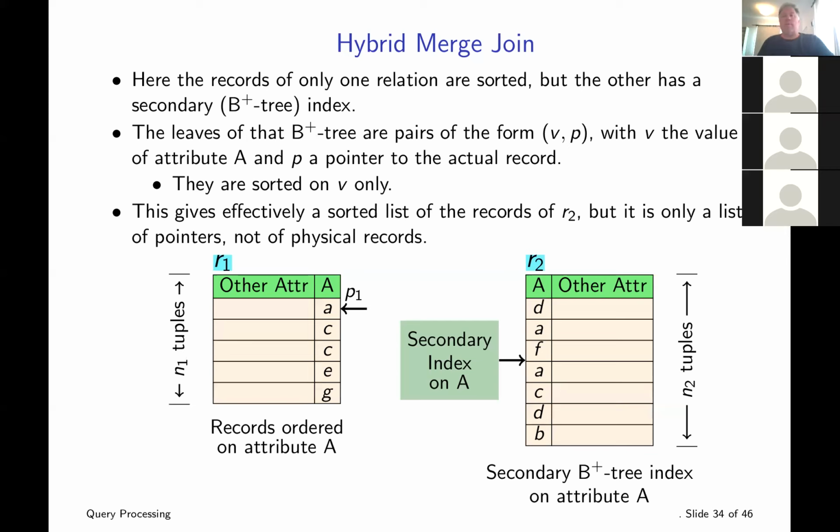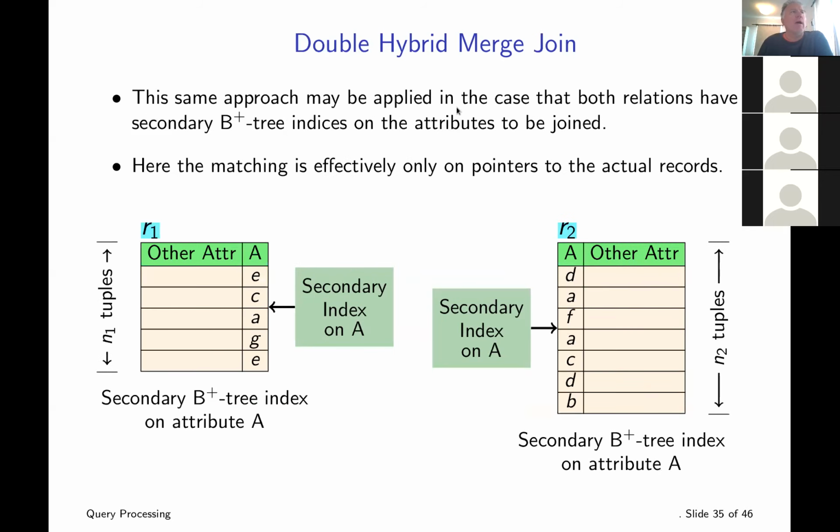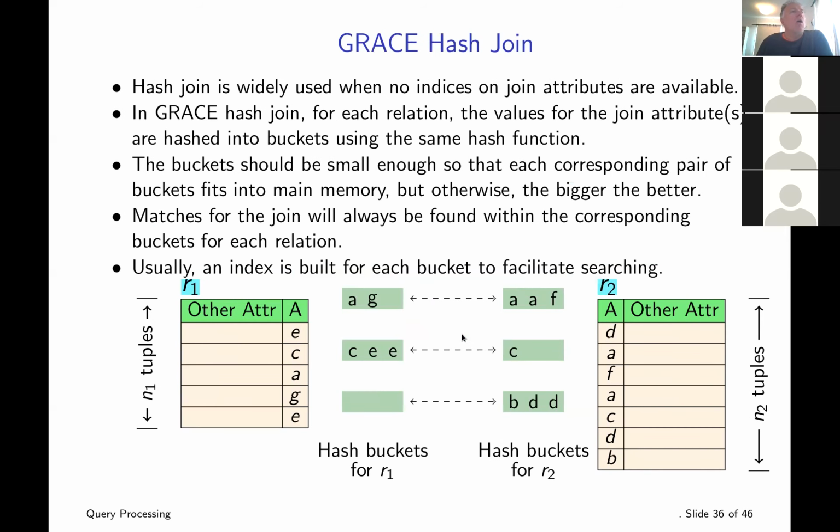But if you see a hybrid merge join being used, so the system recognizes the indexes, then usually you're going to get a big win out of that. Then you have the double hybrid merge join, where both are on secondary indexes, and these are all not as good as the pure merge join.